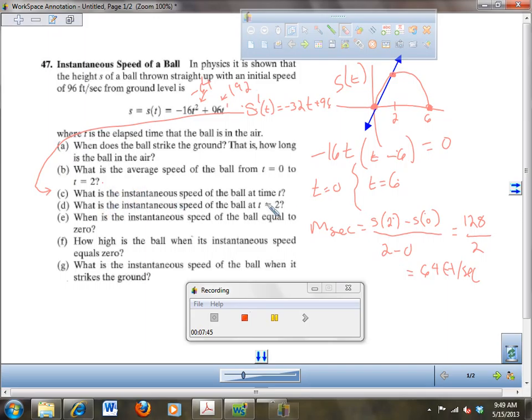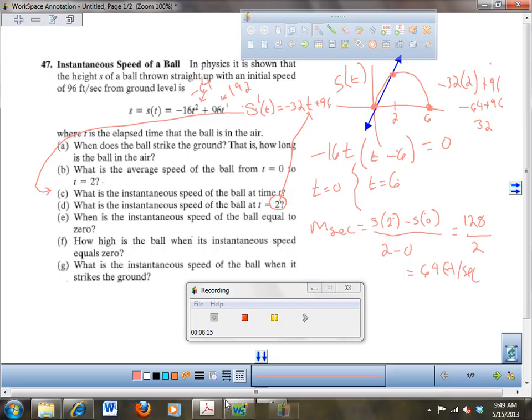So what is instantaneous speed at 2? You just take that 2 and plug it into that equation. If I plug in 2 there, I get negative 32 times 2 plus 96, which gives you negative 64 plus 96, which is equal to 32.